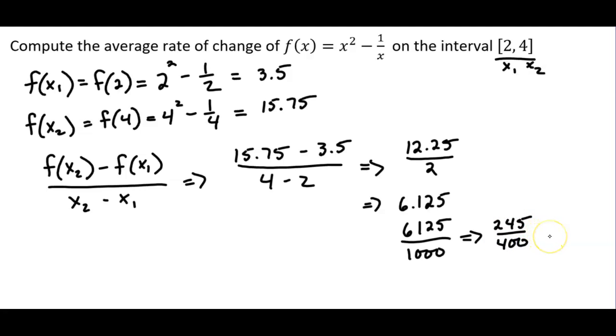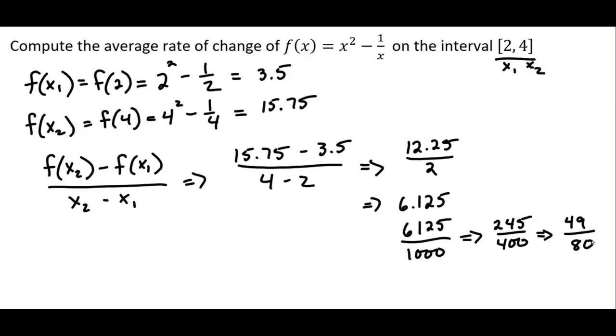I think that's divisible by 5. I think we're finally going to get to the book answer here. Not that that's always the most important thing. So divide by 5, we're going to get 49, and divide the bottom by 5, we're going to get 80. So 49 over 80.